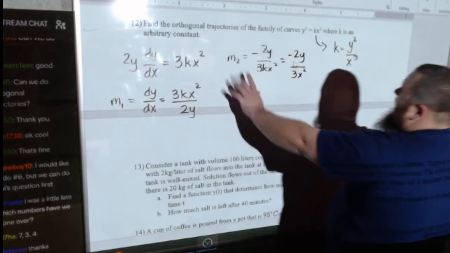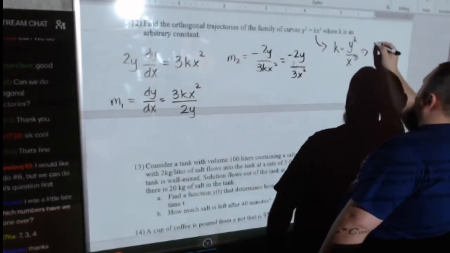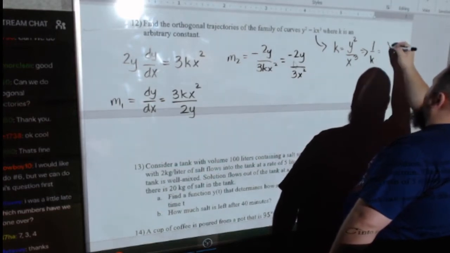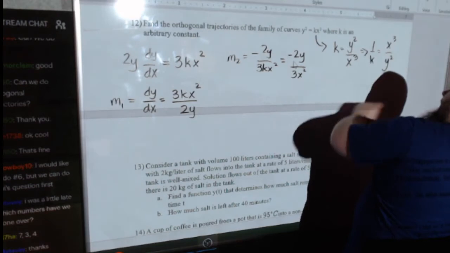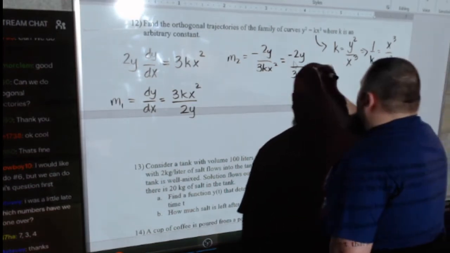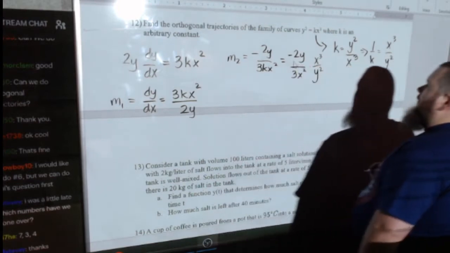If I take all that away and just leave the 1 over k, 1 over k will equal x cubed over y squared. So I need to take that, multiply it here, and simplify.